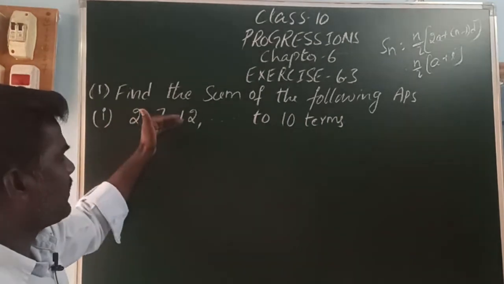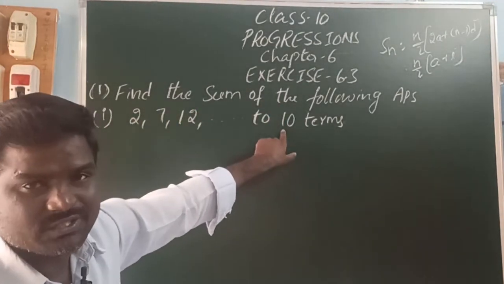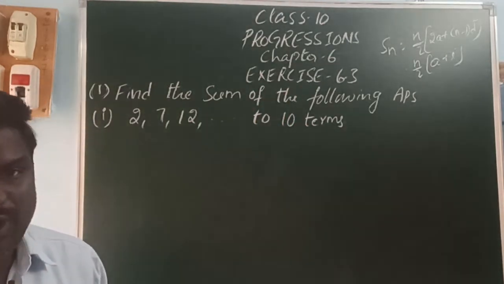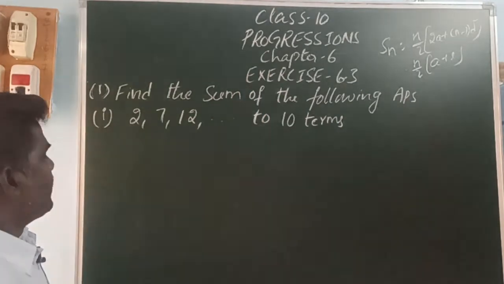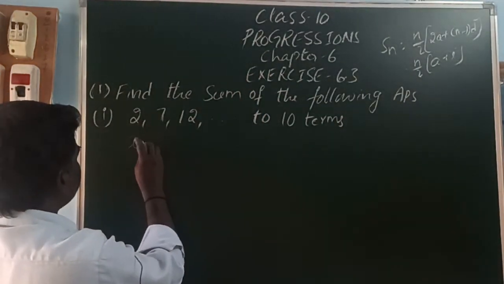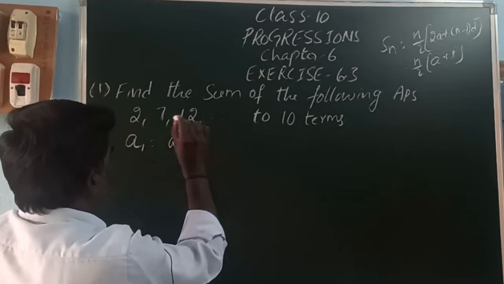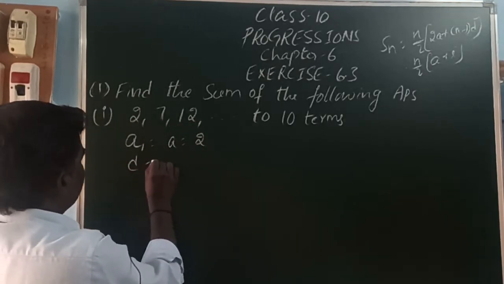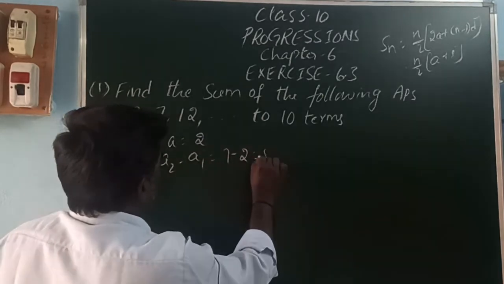First one: 2, 7, 12 and so on, 10 terms. So they have given n, how much? 10. So here we need to find the first term and common difference, then we can find the sum of 10 terms. Here the first term is 2. Common difference is a2 minus a1, 7 minus 2, that is equal to 5.